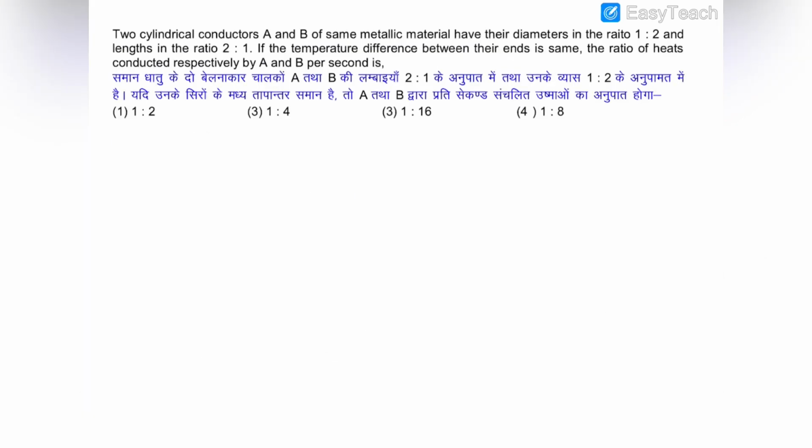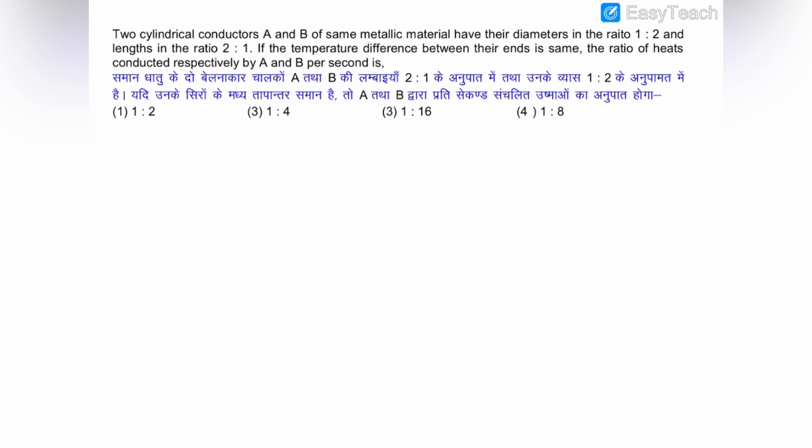In this question, you can see that there are 2 cylindrical conductors A and B, and both of them have the same material, but their diameters are in the ratio of 1:2 and their lengths are in the ratio of 2:1.